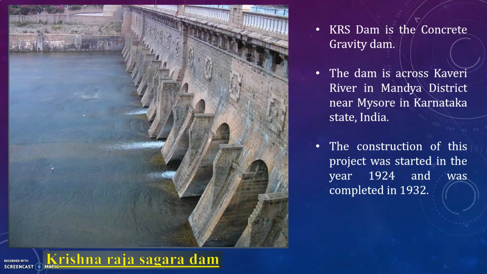Now let us discuss some advantages of this gravity dam. As compared to earth and rockfill dams, gravity dams have the following advantages. Gravity dams are relatively more strong and stable than the earth dams.